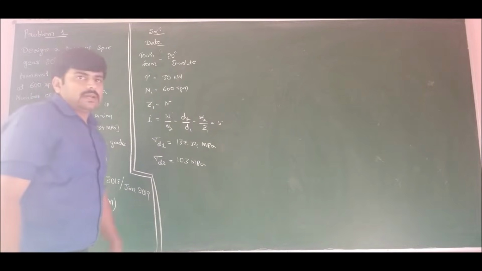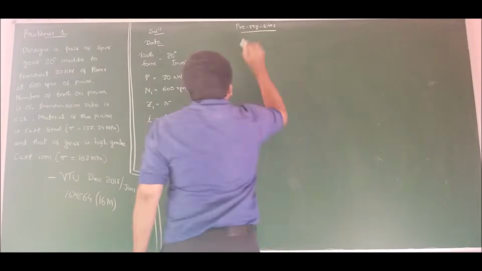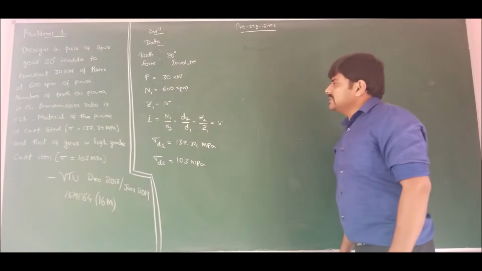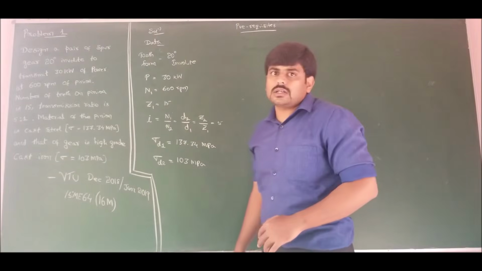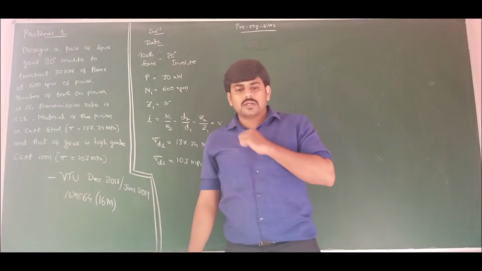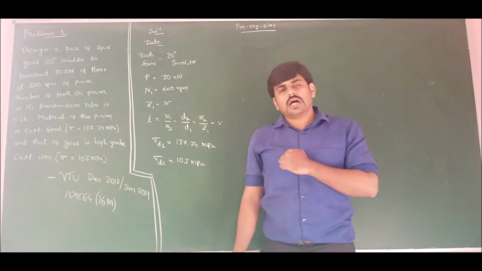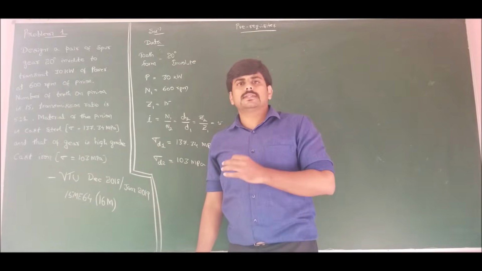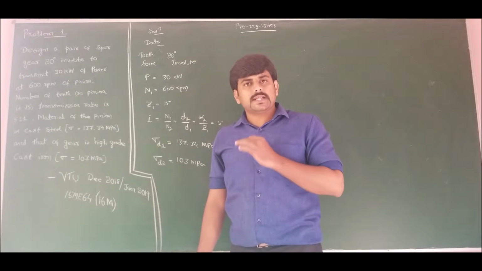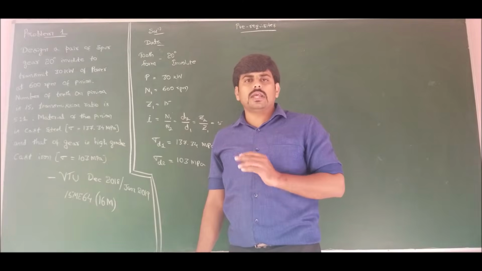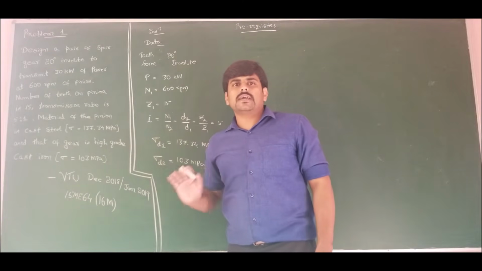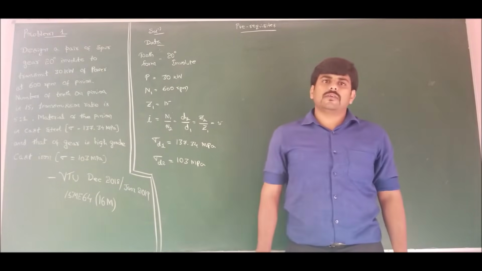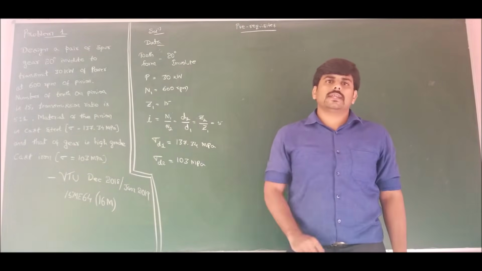Moving on to the prerequisites. The first prerequisite is to know whether the pitch circle diameter is given or not. If pitch circle diameter is not given, then we should solve the module equation for m cube CV. If pitch circle diameter is given, then we should solve the module equation for m square y. If you clearly observe the problem, he has not given the value of pitch circle diameter for either pinion or gear.